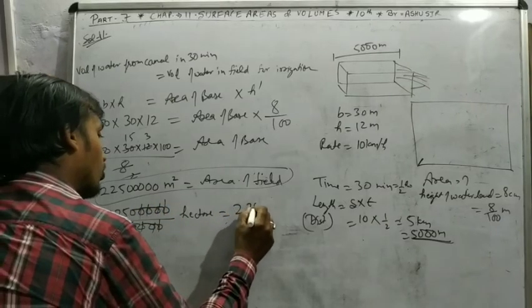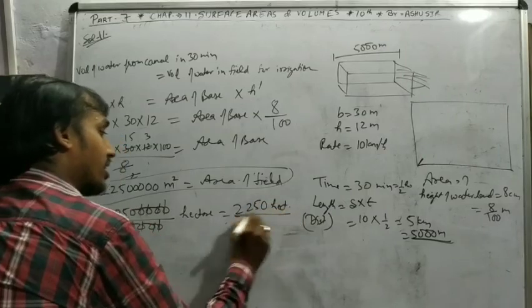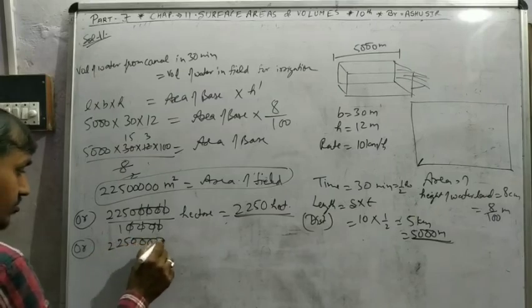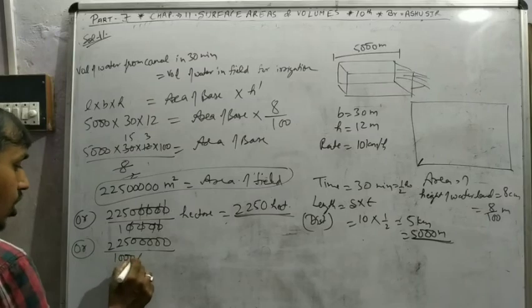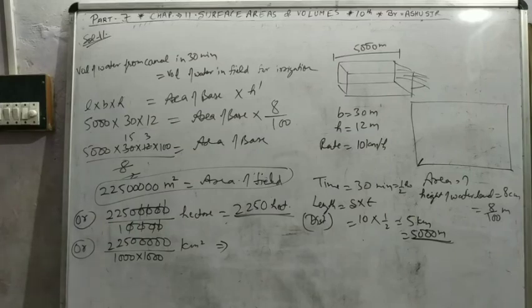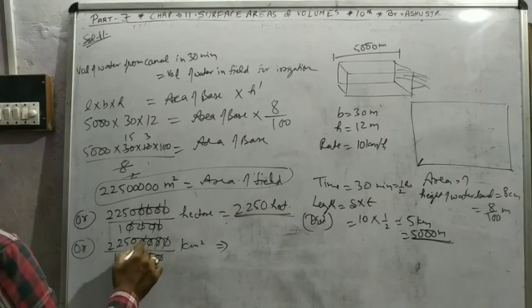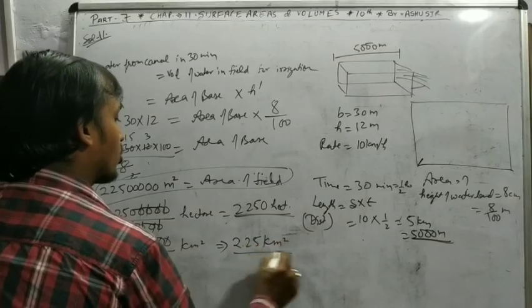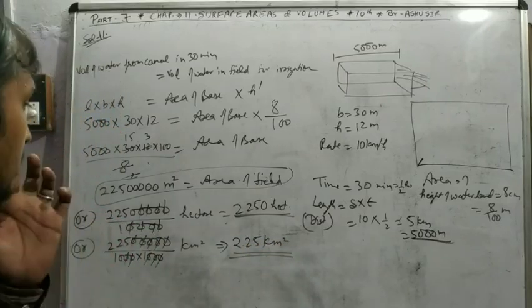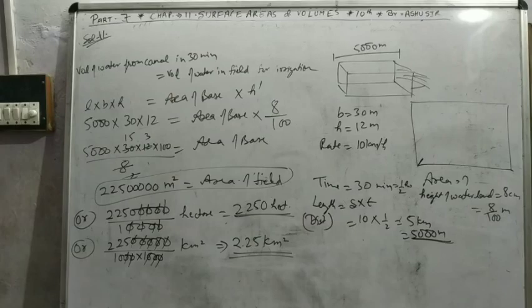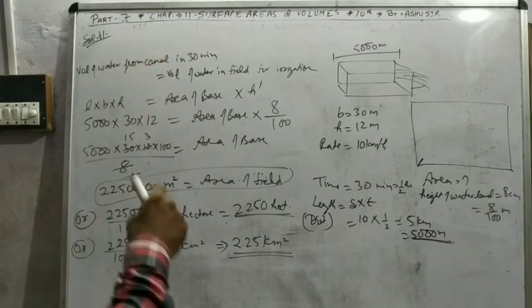So you can say 22.5 hectare, or you can convert into kilometer square. 1 meter is equal to 1/1000 kilometer, so we divide by 1000 times 1000. So it comes to 0.225 kilometer square. So your options, you can leave your answer in meter square, hectare or kilometer square. All are right, because in this question it's not given in which unit to find the area.